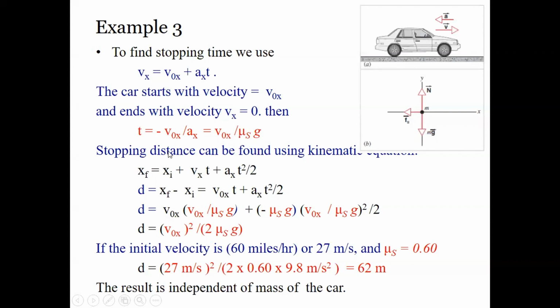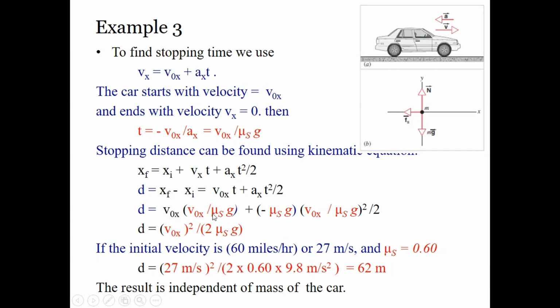Now we try to find the stopping distance, and we can use the kinematic equation. The final position is equal to the initial position plus the initial velocity times t plus a times t squared divided by 2, all along the x direction. So the displacement, the final position minus the initial position, is equal to this, and here t is the main unknown quantity.